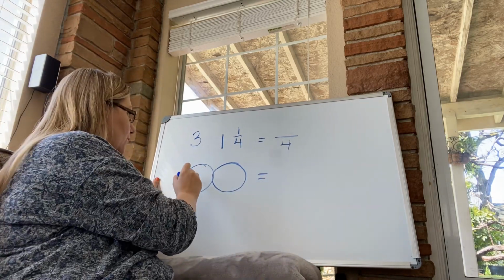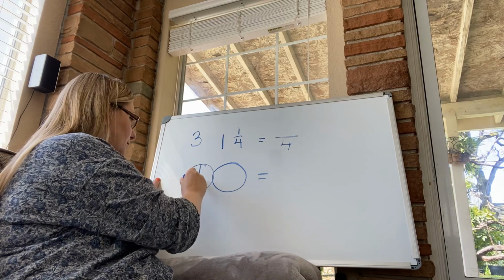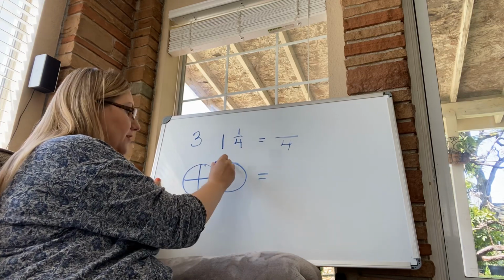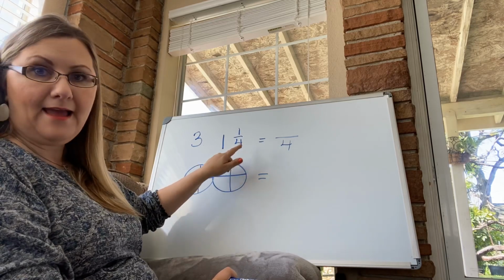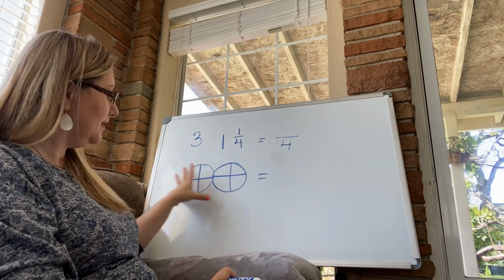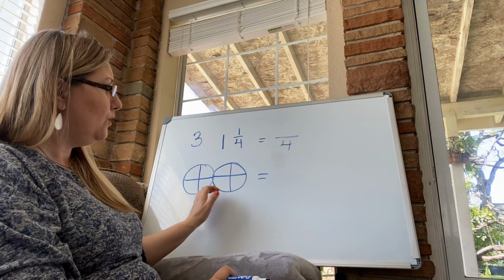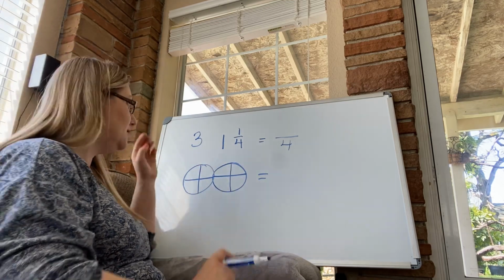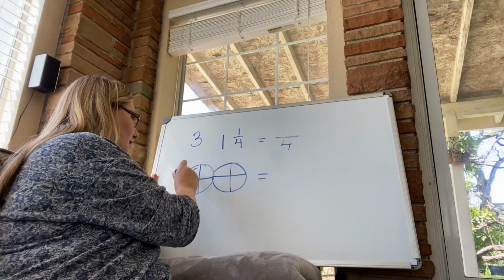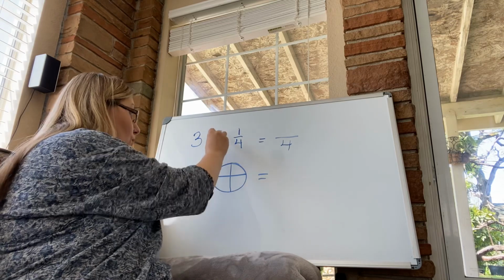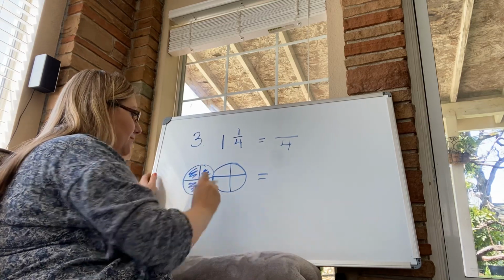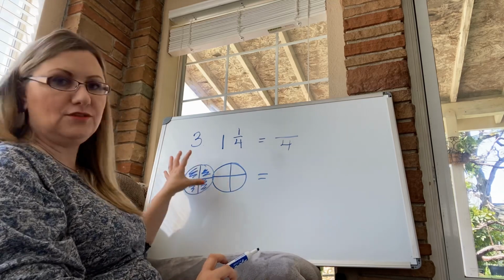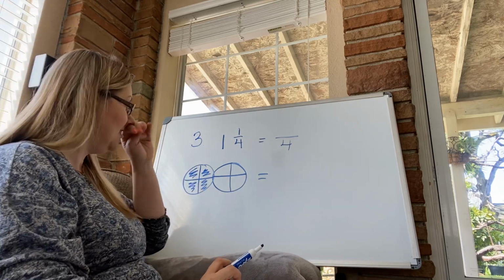So we are going to break everything into fourths because this denominator tells us that everything in our problem here will have to do with fourths. So 1 entire, one whole, means that something that's cut into fourths is completely shaded. The whole thing is shaded.